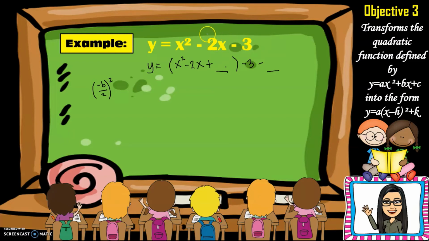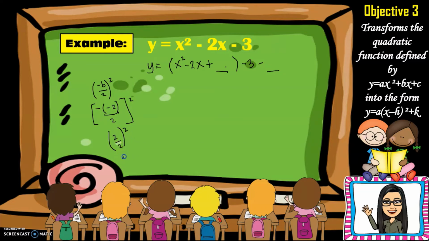So, therefore, our b is negative 2. So, we just substitute negative 2 for b. So, negative, our b is negative 2, over 2 squared. So, solve. Negative times negative 2 is positive 2 over 2 and then squared.